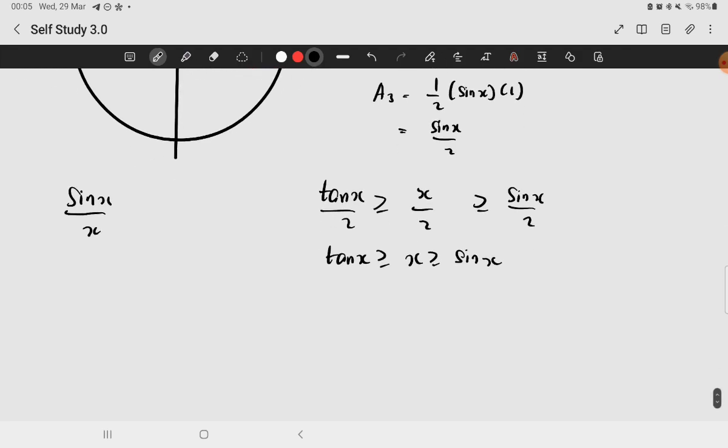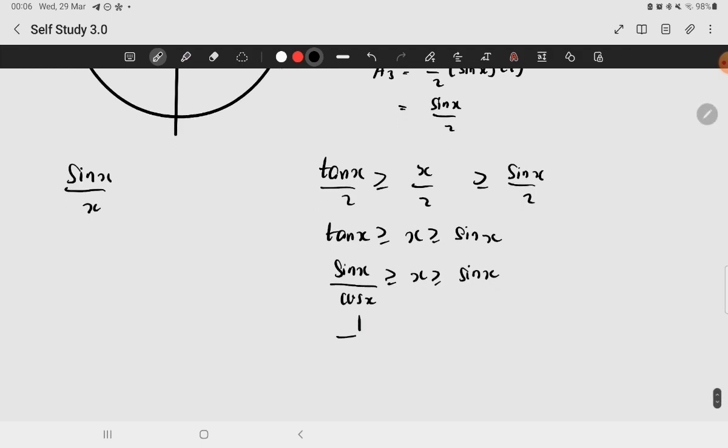Anyway, now, first let me convert tangent of x, express it in terms of sine and cosine of x. And now I'm left with this. Now, the way we want to do it is divide both sides with sine of x. It doesn't affect our inequality anyway because we already restrict the domain.